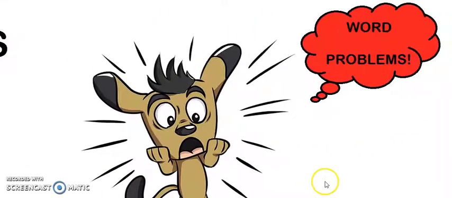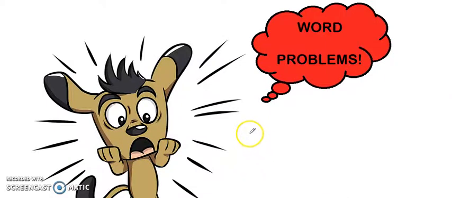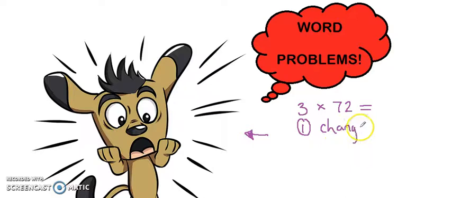Okay, then lastly, you did word problems. Isn't he cute? I like him. And word problems really aren't that bad. You need to just think like a normal person as you do them. If it talks about someone carrying 3 bags of 72 apples, how many apples did they carry in total? Well, it's 3 bags of 72 apples. You just multiply them together. So step 1 is to change from words to maths.